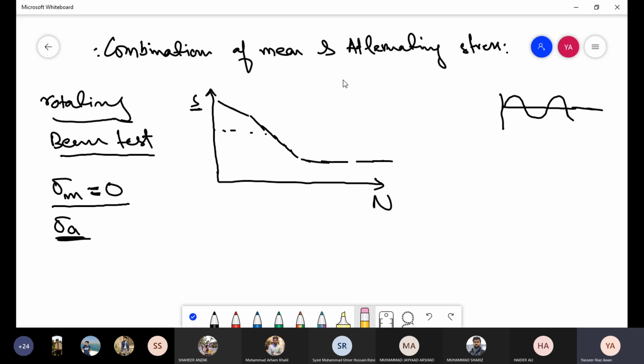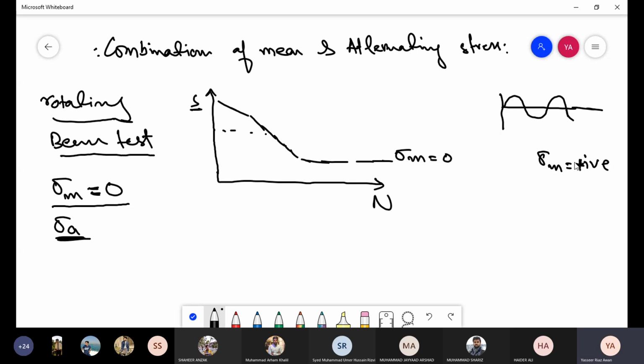And then you see how much correct it is. So what do you think? So this was curve for sigma mean is equal to 0. Okay? So now what do you think will happen when sigma m is some positive value? What would be its impact on fatigue?